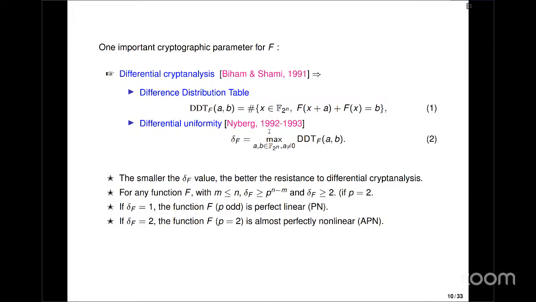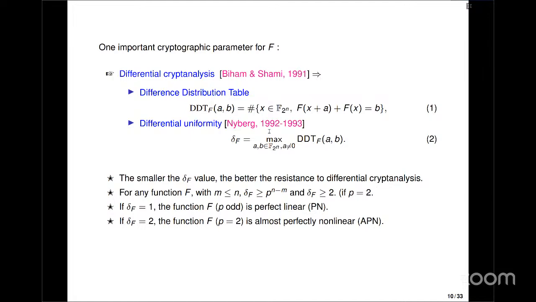So, for example, two important attacks. The first is the difference attack, in which the attack is controlled by a parameter of F, where F is the function. It is the maximum number of solutions of this equation. So you solve the equation and count, and you take the maximum.